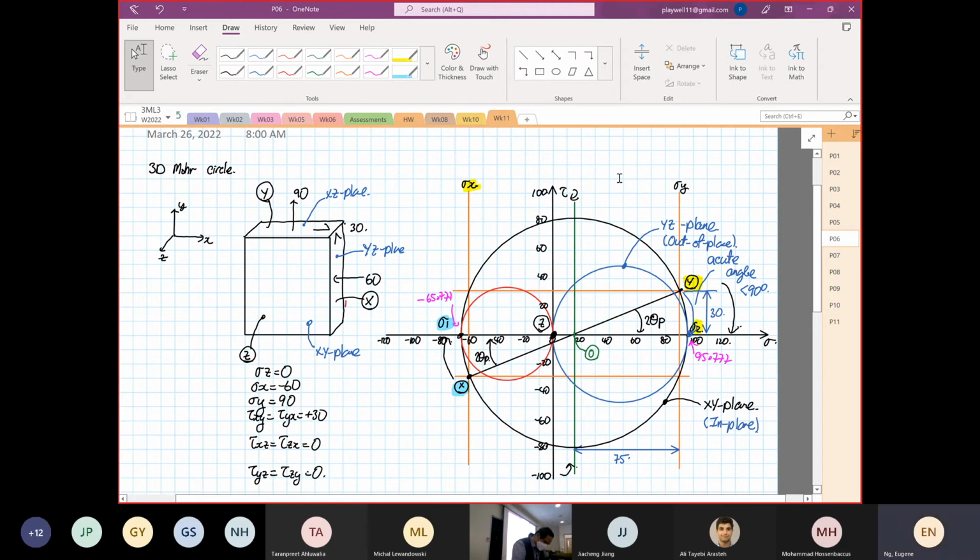Okay. So this circle belongs to your XZ plane, which is your out of plane. Ladies and gentlemen, meet 3D Mohr circle.